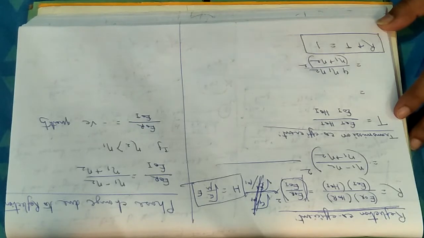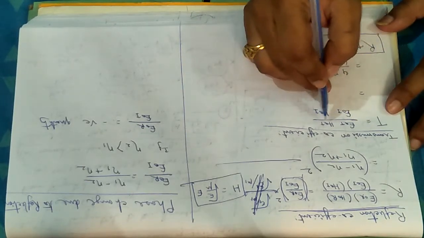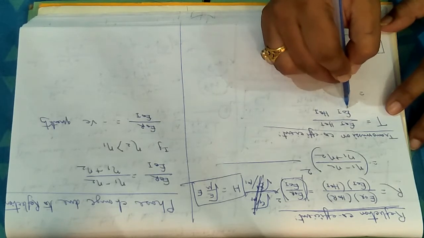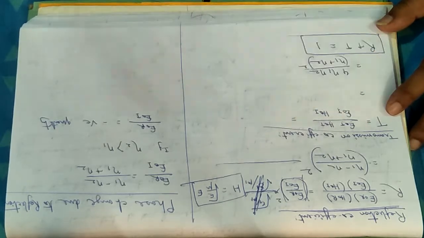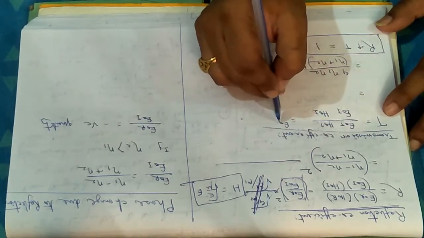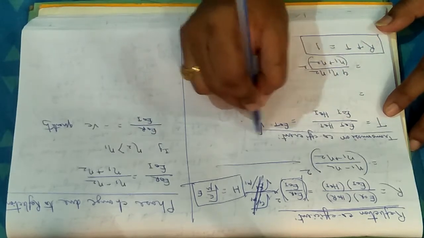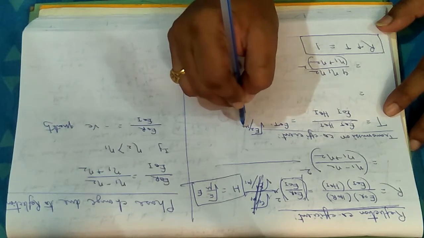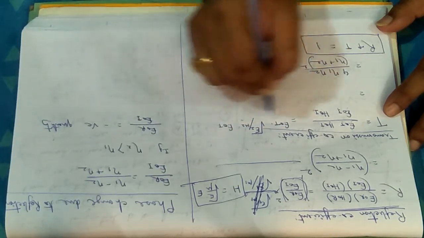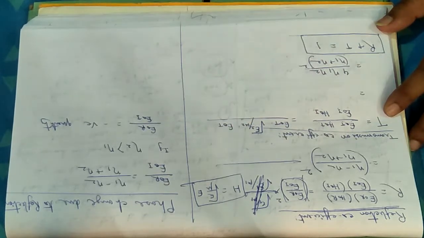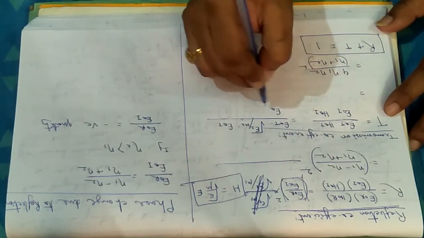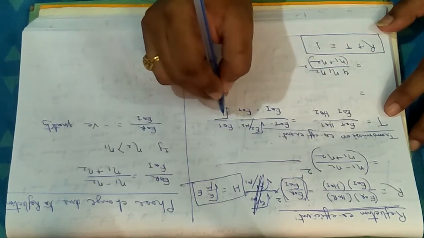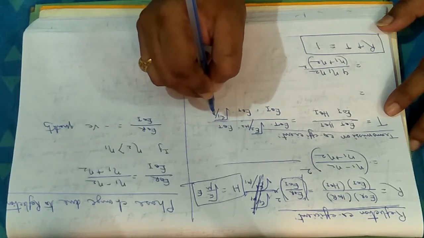How to calculate the transmission coefficient? You have to know the energy of the transmitted wave, that is E0t into H0t, divided by the energy of the incident wave, that is E0I into H0I. So instead of E0t and H0t, we can write root over of epsilon 2 by mu 2 into E0t, because the transmitted ray is traveling in medium 2, and you can write E0I into E0I into root over of epsilon 1 by mu 1.